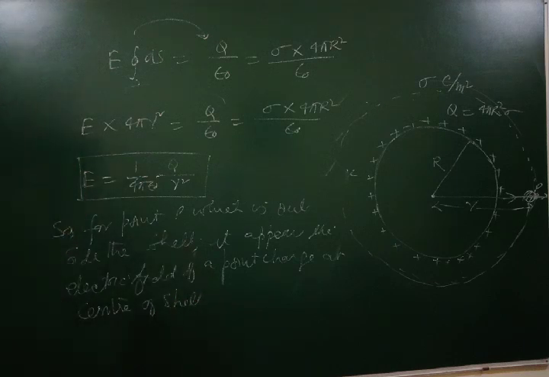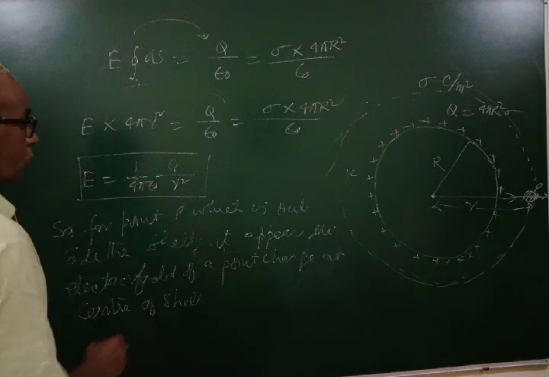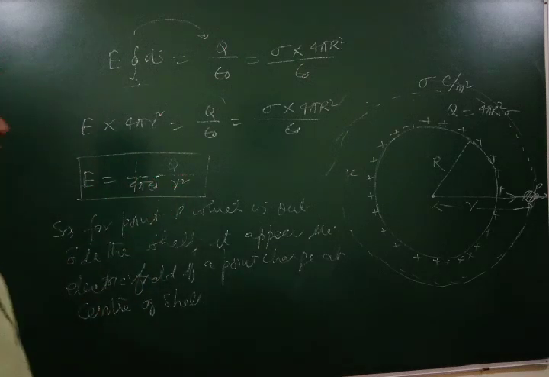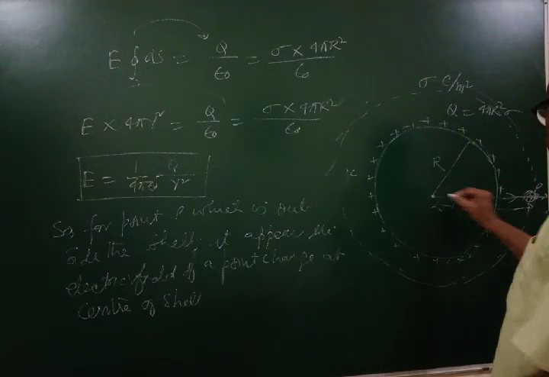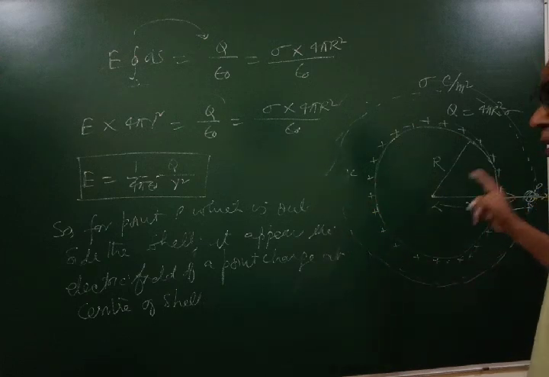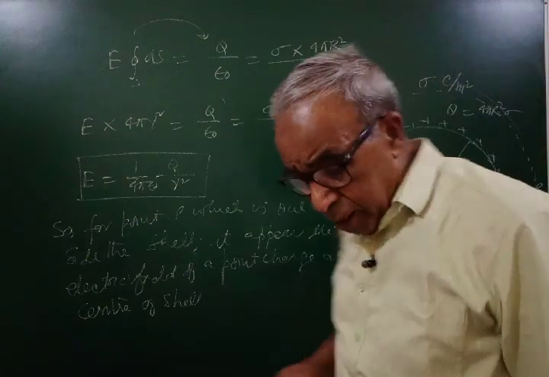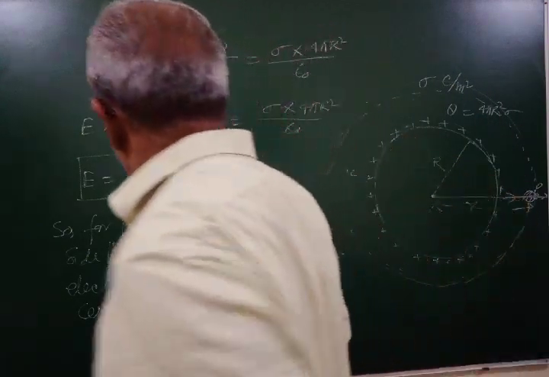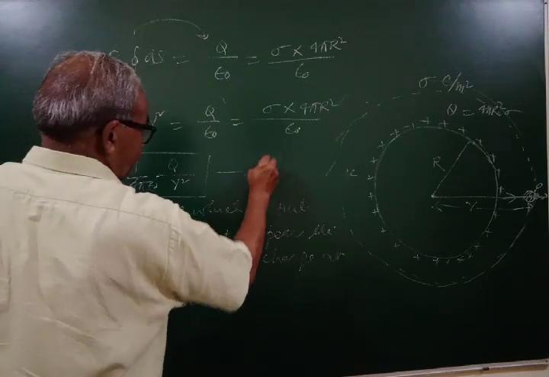This is very interesting, like E equal to 1 upon 4 pi epsilon 0 Q upon R square. The charge is distributed here, and the distance R is this, so it appears as if the whole charge is at the center. You can write this equation as equation 1.